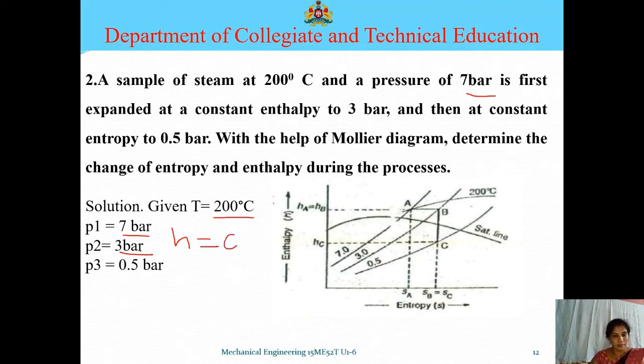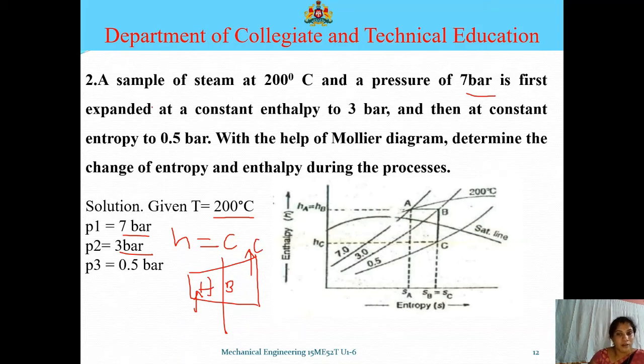So we have 3 conditions. Again, I'll draw a turbine with an initial condition, a mid condition, and an exit condition. I'll call these A, B, and C.